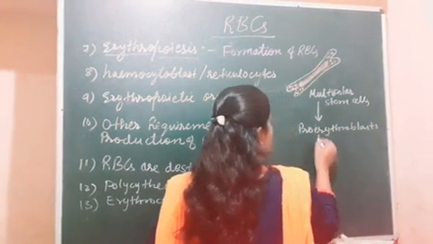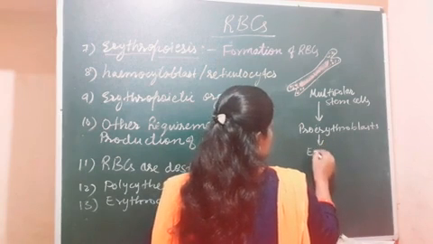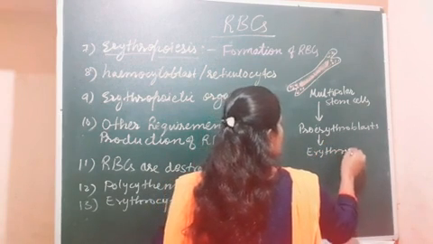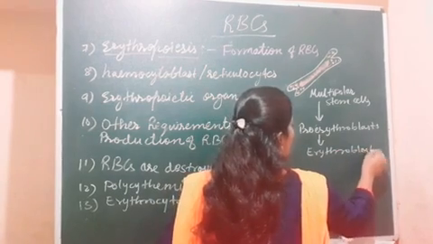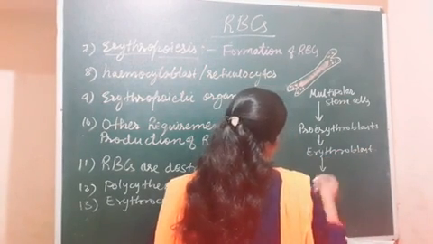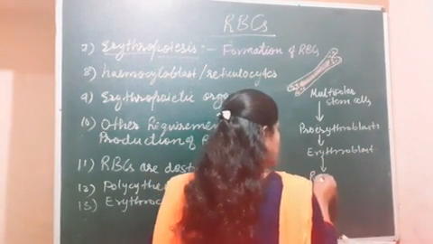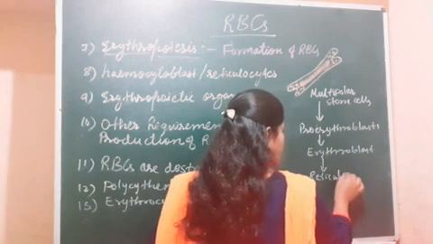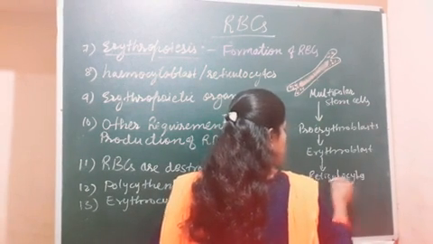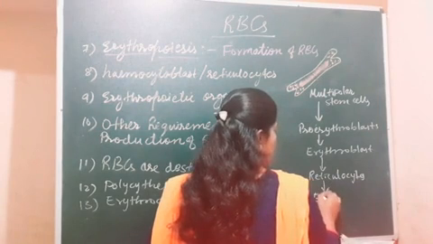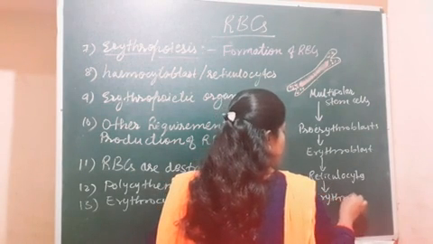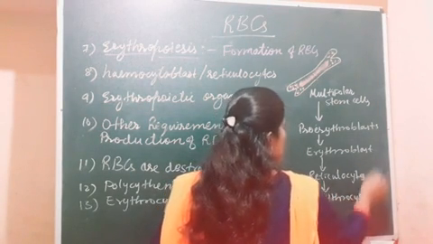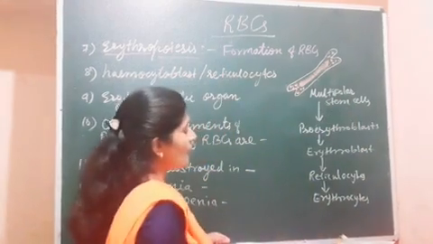Proerythroblast to erythroblast. Erythroblast to reticulocytes. Reticulocytes to erythrocytes. This is the production of RBC.